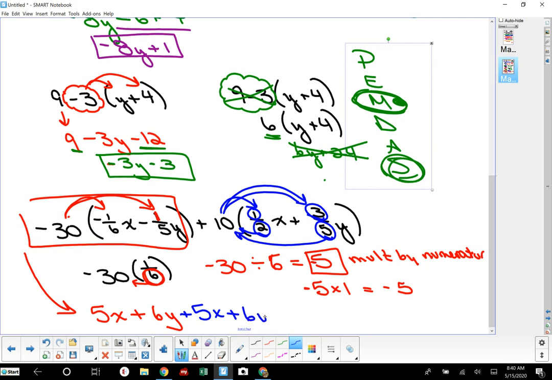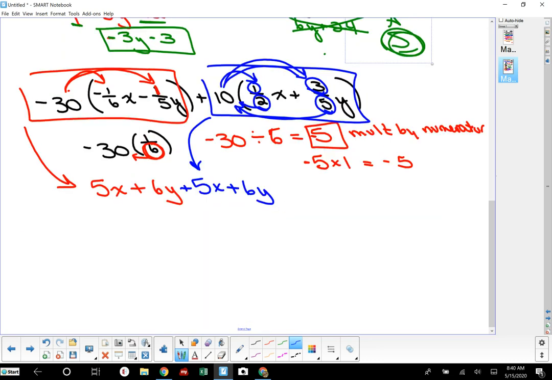So that's plus a 6y. And so this whole disgusting thing turns into that. And now I have a very simple non-fractional expression that I can simplify. And when I do, I have 5x plus 5x is 10x. And then 6y plus 6y is 12y.